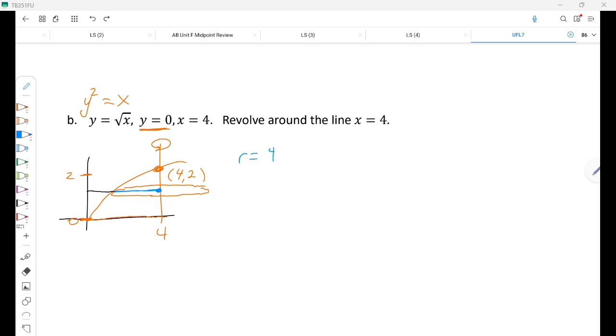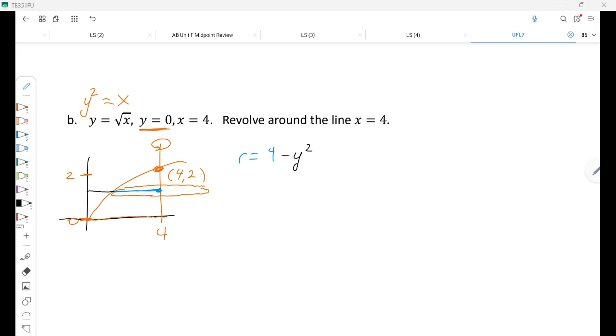If you're at 0, there is no black line. If you're at 2, the black line is 4. If you're anywhere in the middle, square it to figure out where your line is. So it is 4 minus y squared.